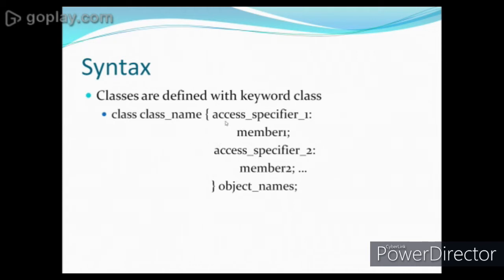Okay, and we have a new word here, that is access specifier colon, and we are declaring a member within that access specifier, and access specifier 2 and colon, we are declaring some other member inside that access specifier. So you may wonder what this access specifier is. We will see that, and at last we'll close the curly brackets and we'll define an object name.